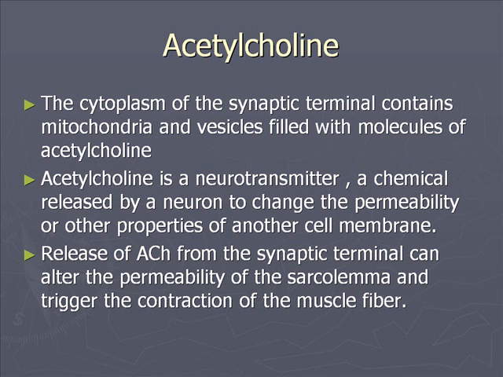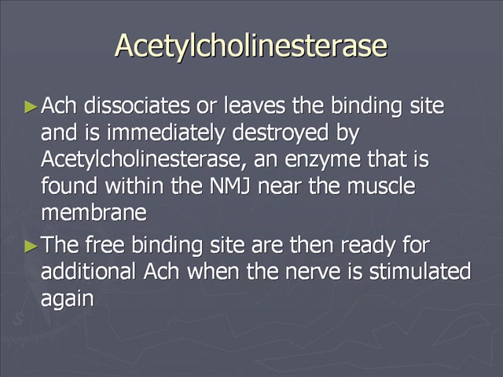This is that membrane potential to allow the passage of certain anions and cations. Cations specifically would be calcium. The release of acetylcholine from the synaptic terminal can alter the permeability of the sarcolemma, just the covering of this muscle contractile unit, and then will trigger the contraction of muscle fibers.